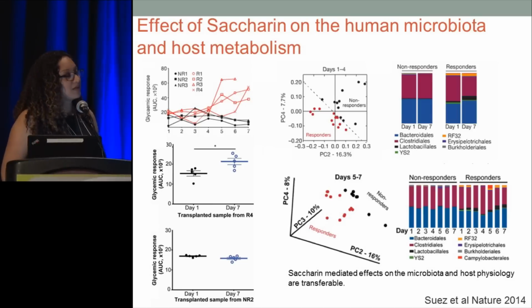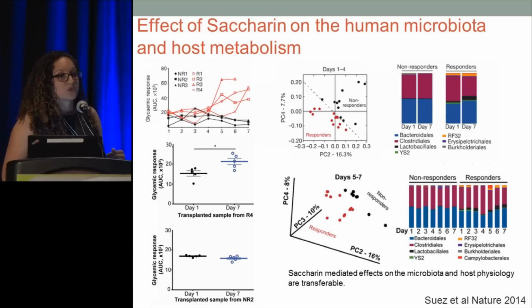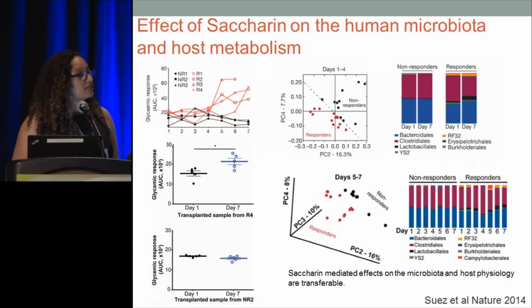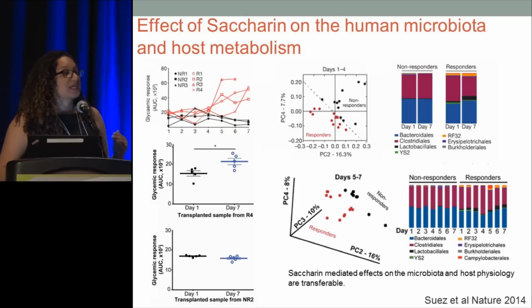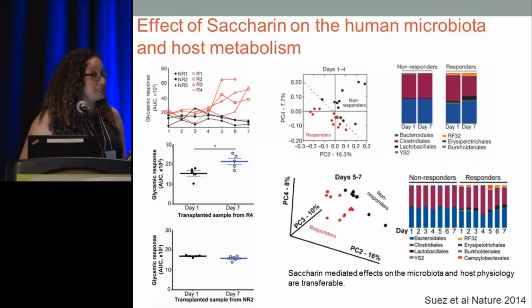And then finally, they wanted to know if giving human subjects saccharin would alter their glycemic responses, and also see if they would see any changes in microbial communities. And what they did is they gave 7 subjects, 5 males and 2 females, saccharin at 5 milligrams per kilogram per day.